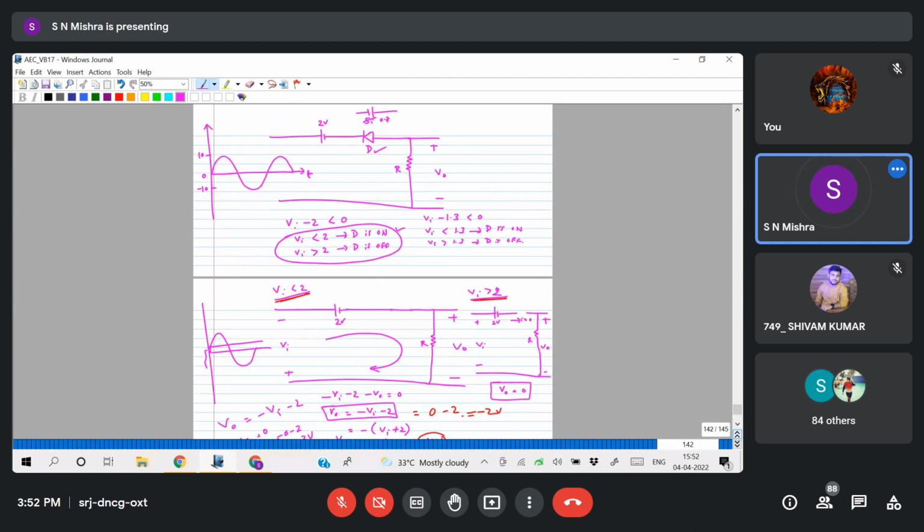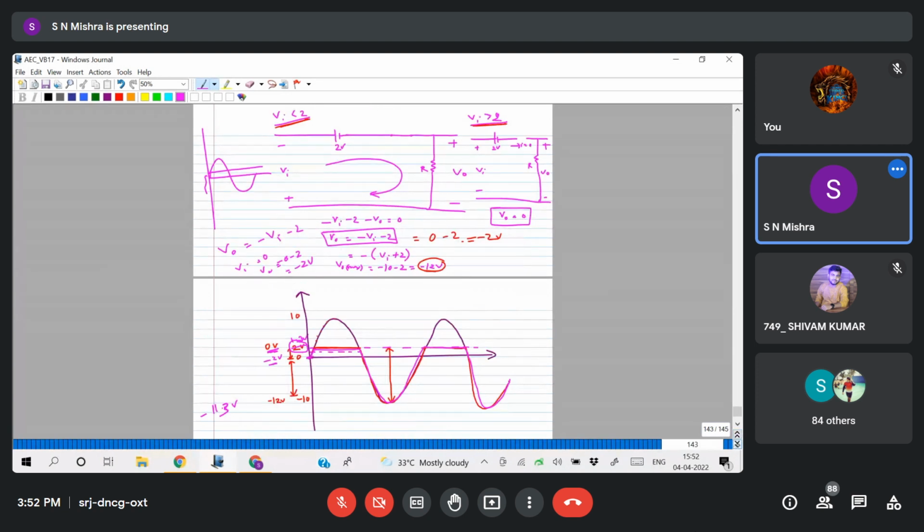Any doubt? First you have to visualize the graph. Once you understand the condition, then apply KVL in the equivalent circuit, then find the output voltage, then you have to visualize the waveform.